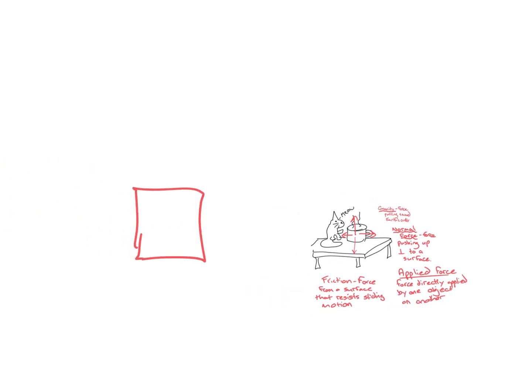And so this square can represent our mug. When we're talking about an object in motion or at rest and we want to show the forces, we can put a dot kind of at the center of the object and then draw the force arrows or vectors from there. And so the first force that we have acting on our mug is the force of gravity.